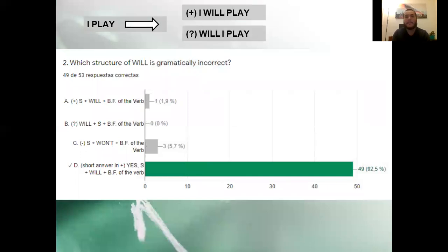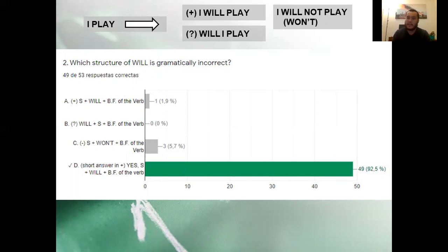Then, to make it a question, remember to change the position of the subject and the modal verb. In this case, will I play? That is the question. When you make it negative, you say, I will not play, yo no jugaré, or in parentheses, won't. That is the short form.